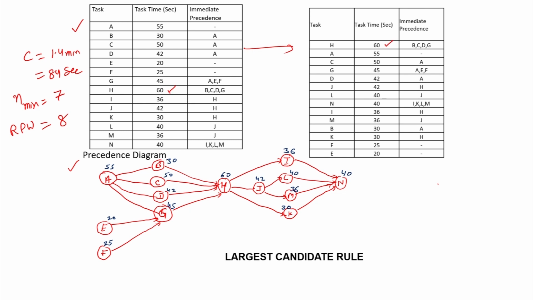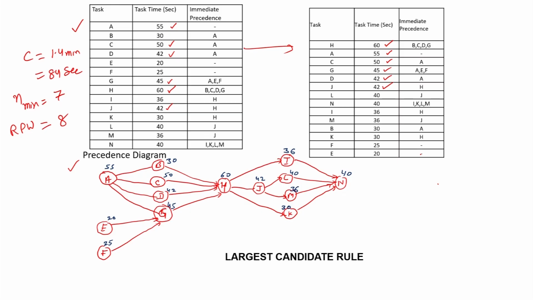Element H has the highest time, so it is put at the top. Then we have 55 as number 2, then C with time 50 is placed here, then G 45, then 45 here, 42 here, then another 42 here. In this manner we have arranged the tasks and task times in descending order of task time, along with the precedence of these elements.